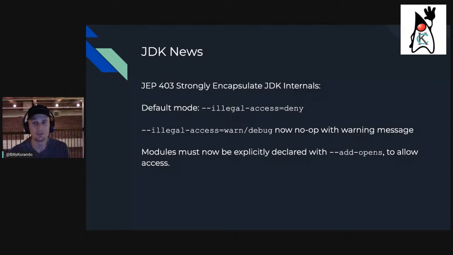It's not like you can't get them to work, it's just going to take a little bit more work. And that's a way for the Java platform team to let people know what sort of libraries are having some of these issues, so you can upgrade to the more recent versions of them that have their access all set up properly.